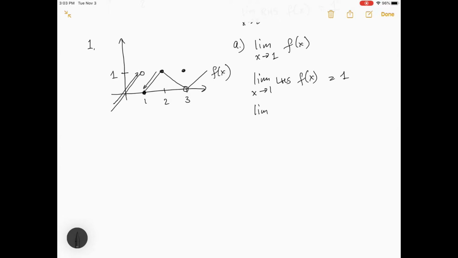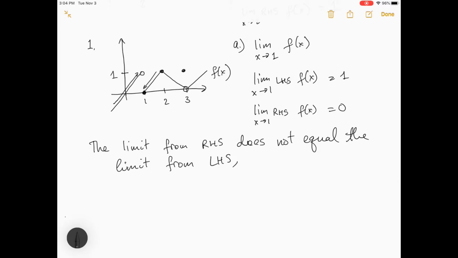So the limit as x goes to 1 from the right-hand side is equal to 0. So we see that the limit from the right-hand side doesn't equal the limit from the left-hand side. And therefore, the limit does not exist. You can use DNE as a shorthand for does not exist.